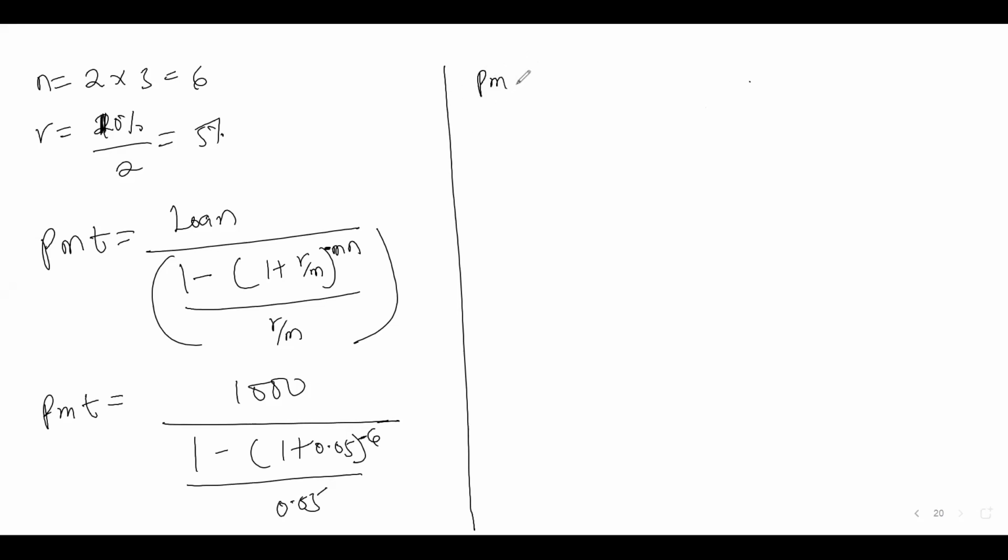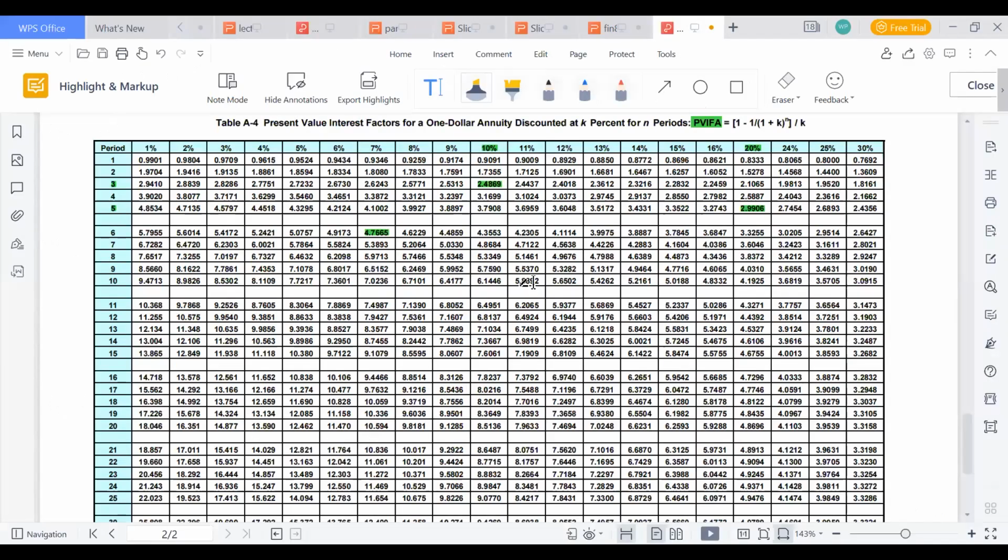So the payment now becomes 1,000 over, when you punch everything here, let me see, 5%, 5.0757.